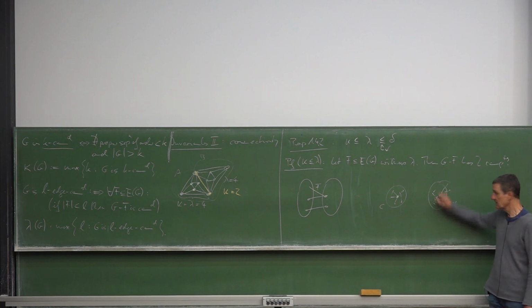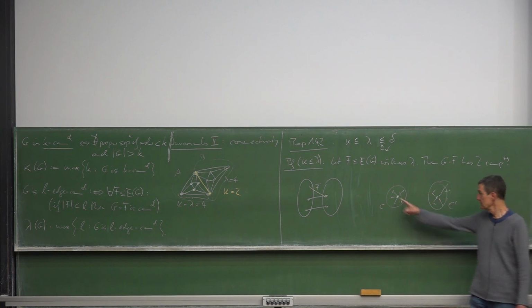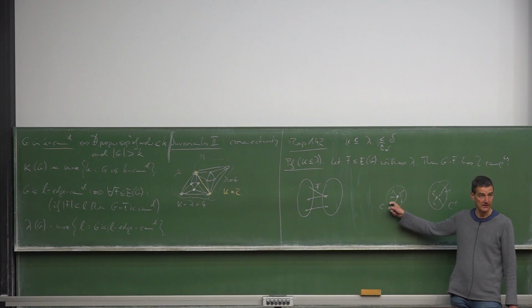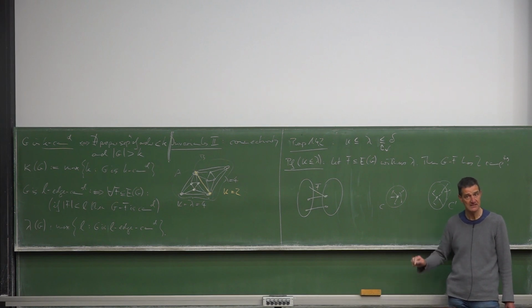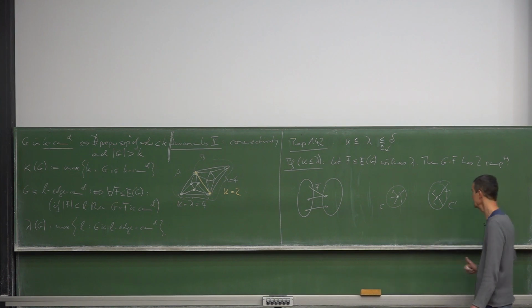So this is indeed a component of G minus f. So is that. Okay, so there are two different components, both non-empty. Components are always non-empty because they're connected, and connected graphs by decree are not empty. There may be one vertex only, but they are non-empty.